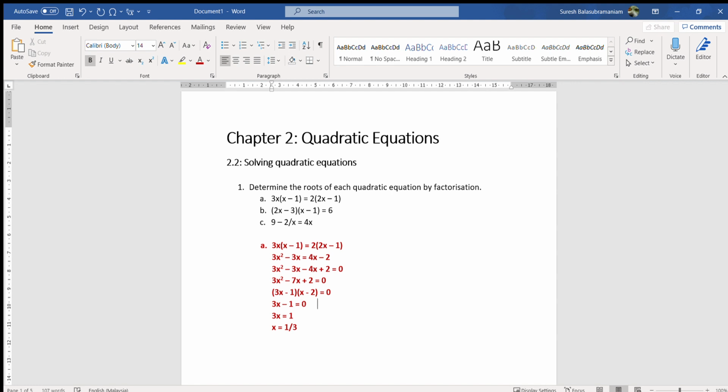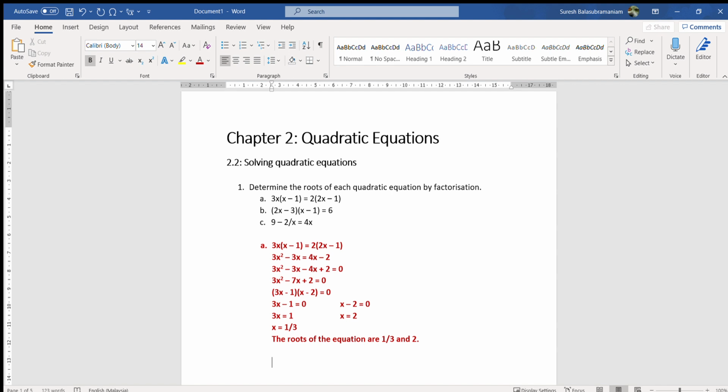Second bracket, x - 2 = 0, x = 2. Okay, I'm done with that. So I can write the roots of the equation are 1/3 and 2. That will be the answer.